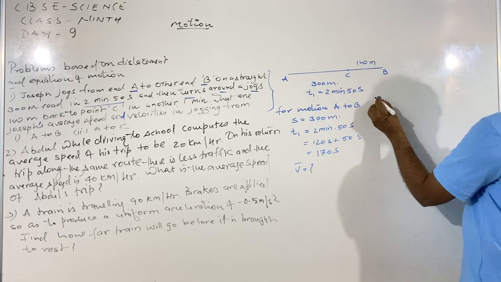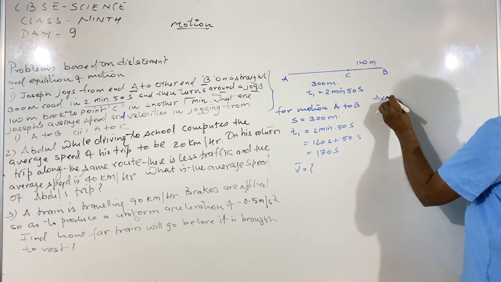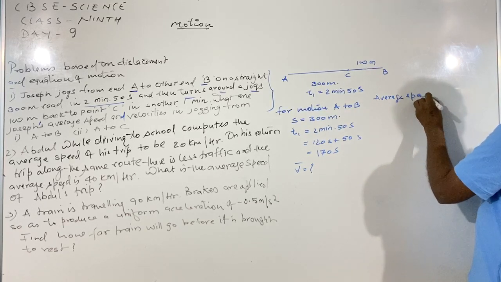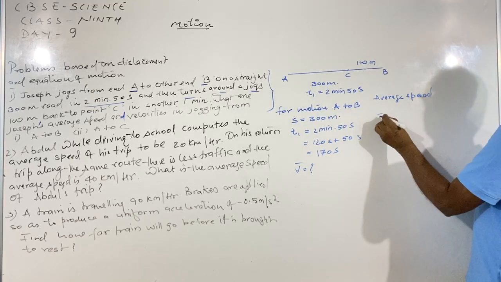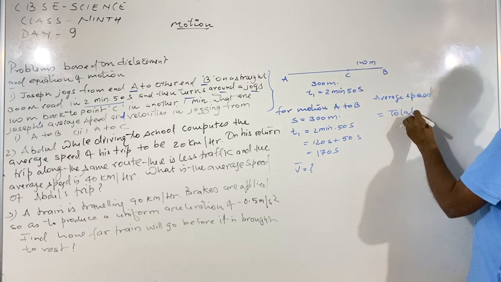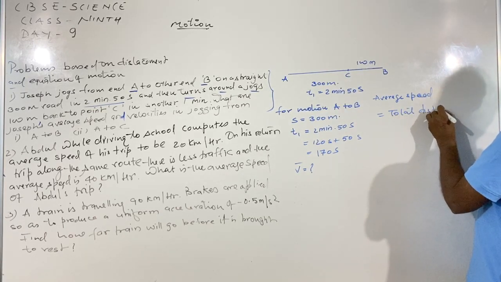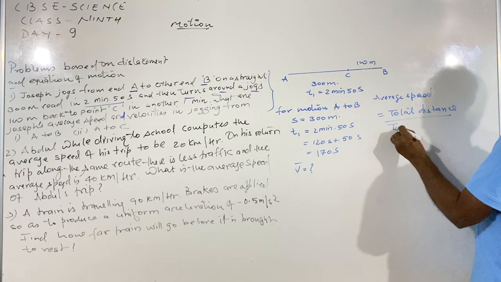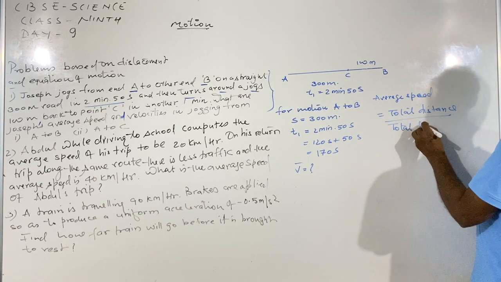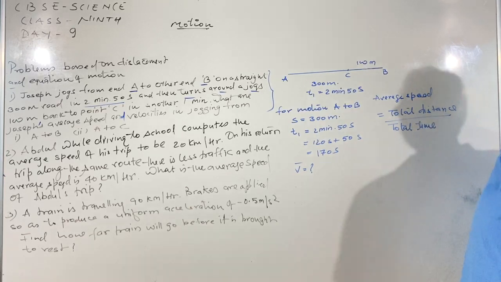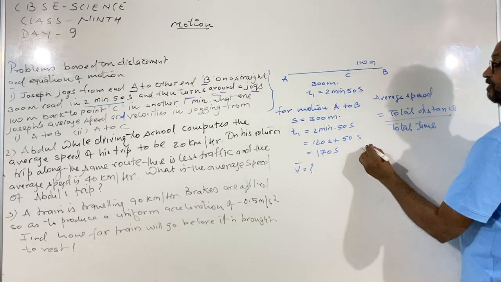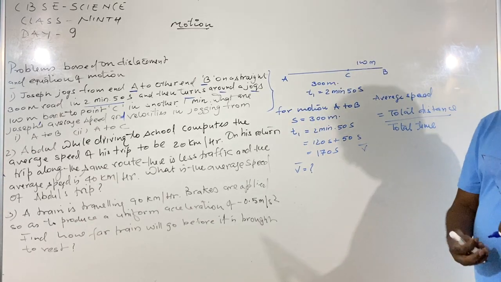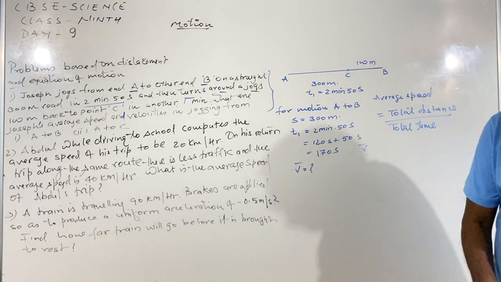Now average speed, you recall the formula? Average speed is equal to total distance over total time. So substituting the values, we have this bar read as average speed.